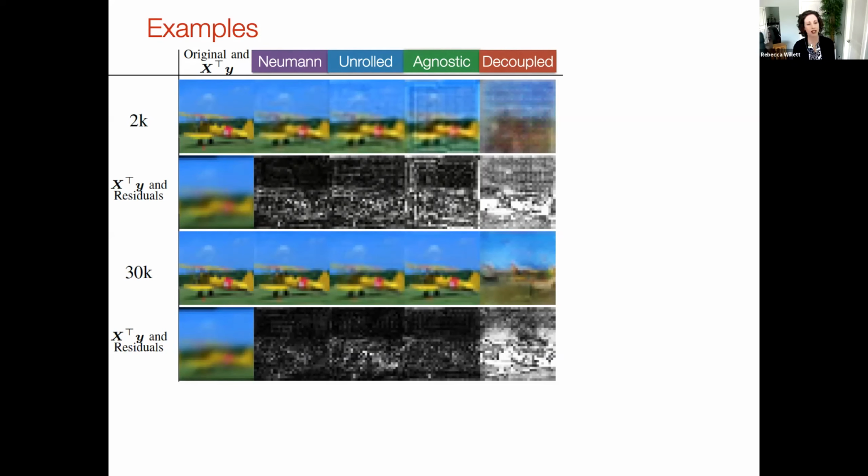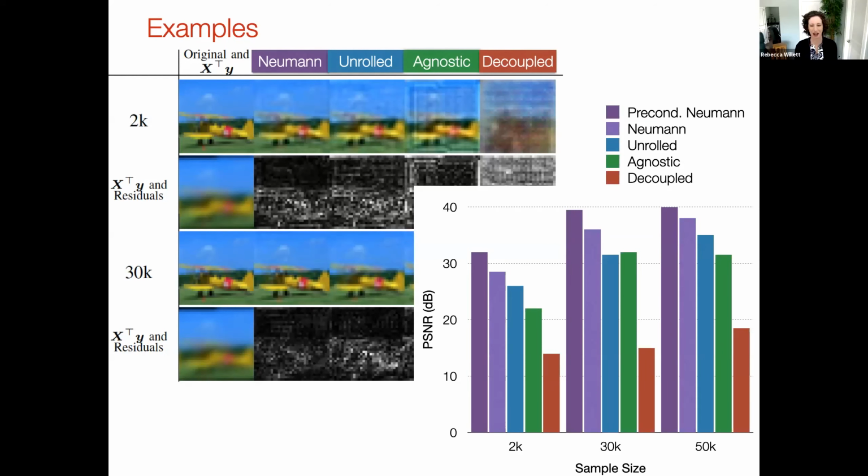It isn't true just for this one image, but also for large collections of different inverse problems, and across multiple different training data sets. So if we look at the peak SNR of the reconstruction for different sizes of the training sets for all of these different methods, we see that consistently this Neumann network approach gives us a strong empirical advantage.